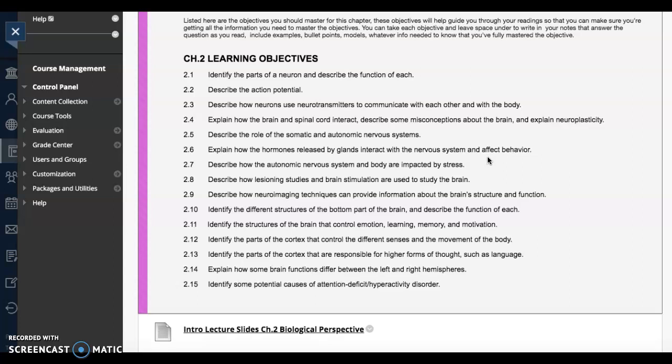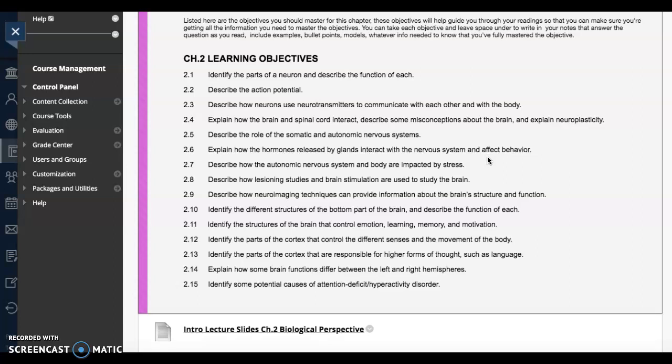And so it's going to talk about how your behavior is affected when these systems interact with one another. You'll learn about the breakdown of the autonomic nervous system into the parasympathetic and sympathetic branches and how those are impacted particularly by stress.